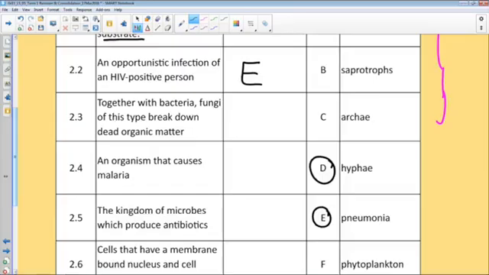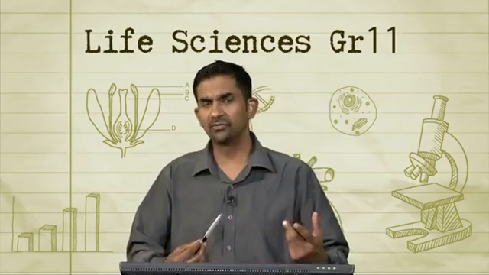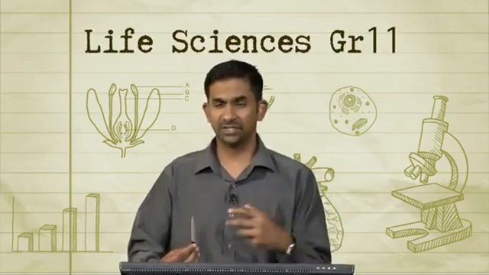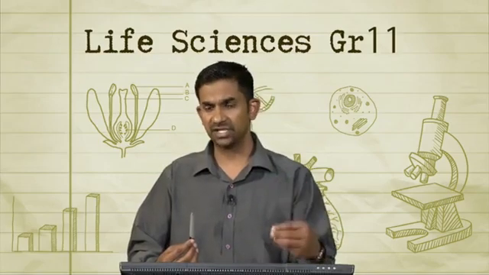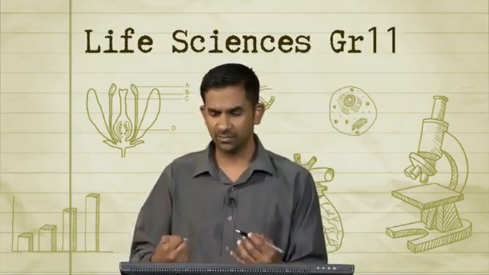2.3. Together with bacteria, fungi of this type break down dead organic matter. Guys, remember that fungi and bacteria can live off, some of them are heterotrophs, some of them are autotrophic. However, there are some that cannot do either, and hence they rely on simply producing enzymes that digest dead organic material, and hence they can absorb these.